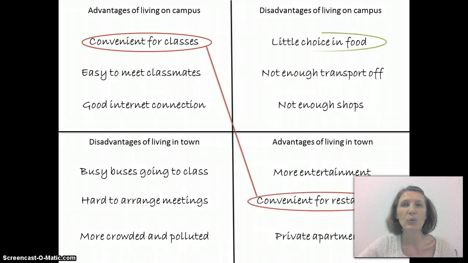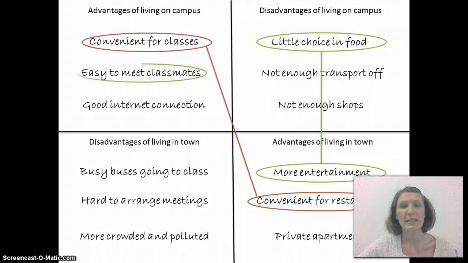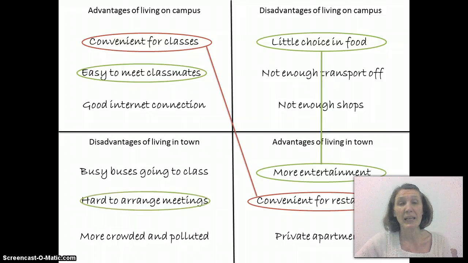I have to decide which one's important to me. Little choice in food versus more choices in food, of course. Easy to meet classmates and hard to meet classmates. Hard to arrange meetings whenever you have projects or assignments that are due.